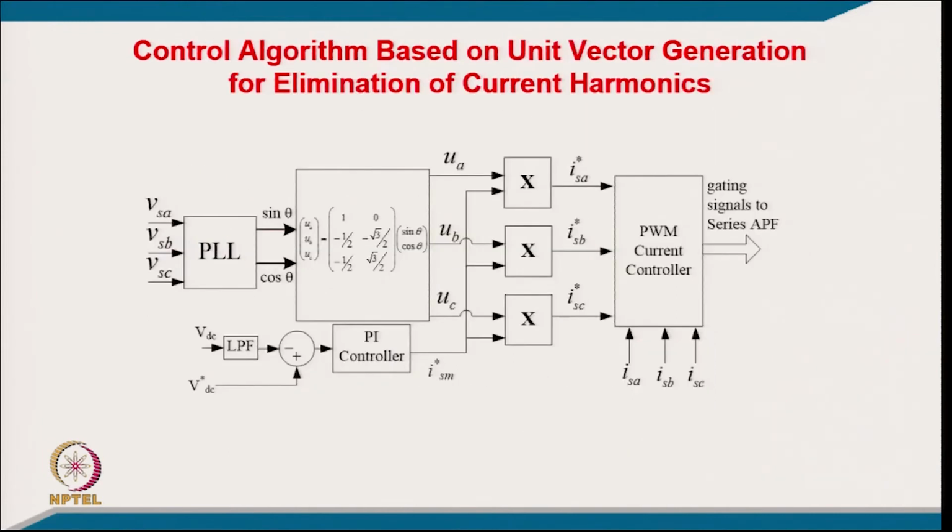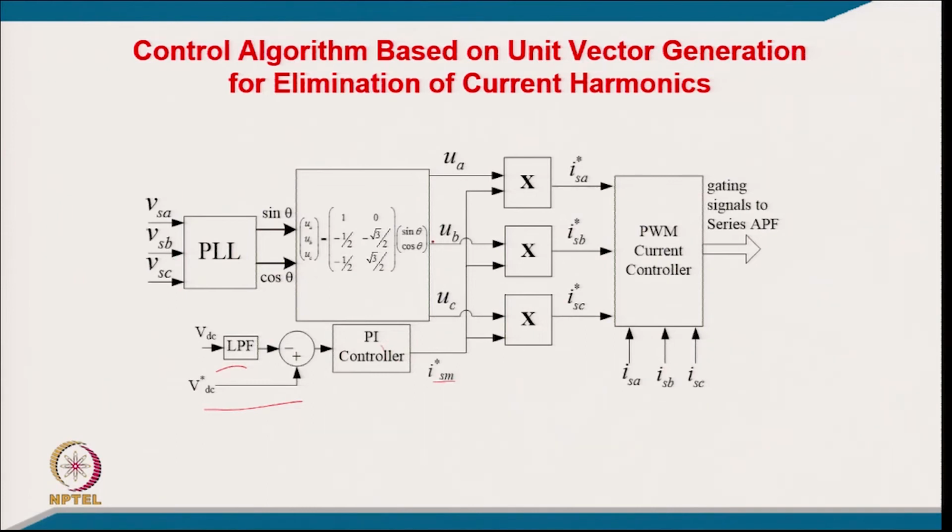So, coming to the control algorithm for unit vector generation for elimination of current harmonics. We are sensing the voltage, and from the PLL we are getting cos theta and sin theta. For the DC link voltage, we have a reference DC link voltage and a sensed DC link voltage. With a low pass filter we get the DC part of it, and then pass it on to a PI controller, and this gives us the loss component, which we consider as its output.